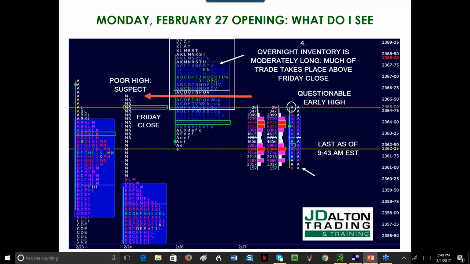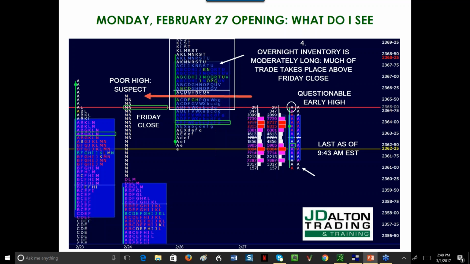The definition of a weak high: it was at some exact reference, so it's a mechanical high at an exact reference. It is a good high because you have single print selling tails, but it is a weak high because it exactly matches a mechanical reference. When I saw that happen, I immediately said I believe the odds are fairly low that that is going to be the high for the day.